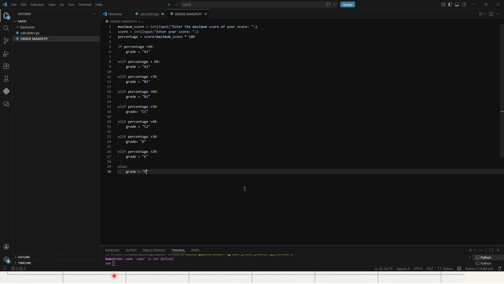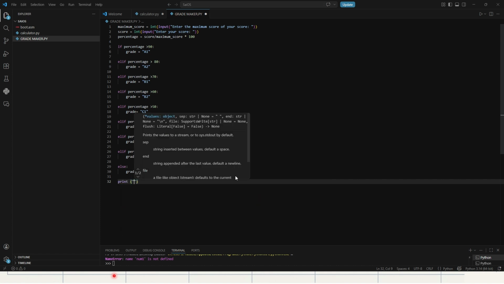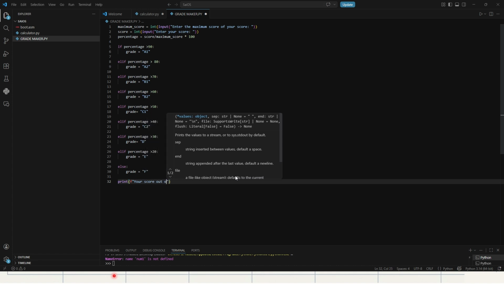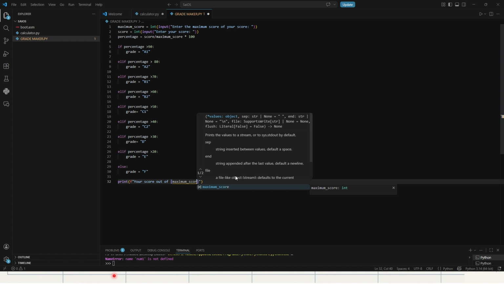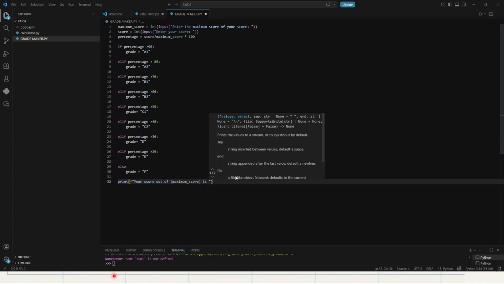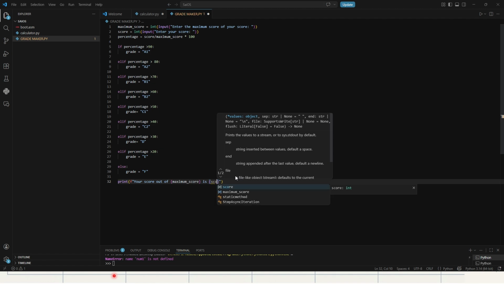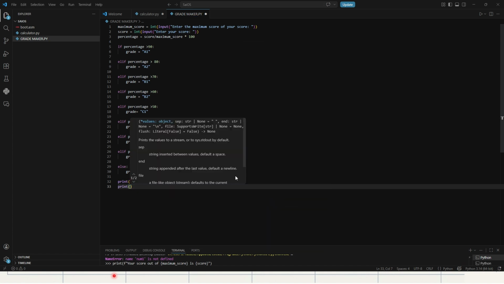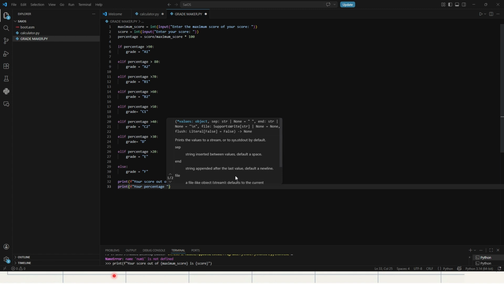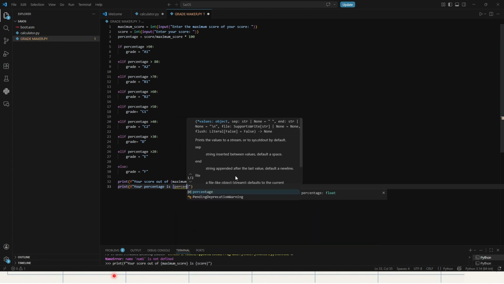So now after the last you need to print your score out of maximum score is score. Now you need to print your percentage is percentage.